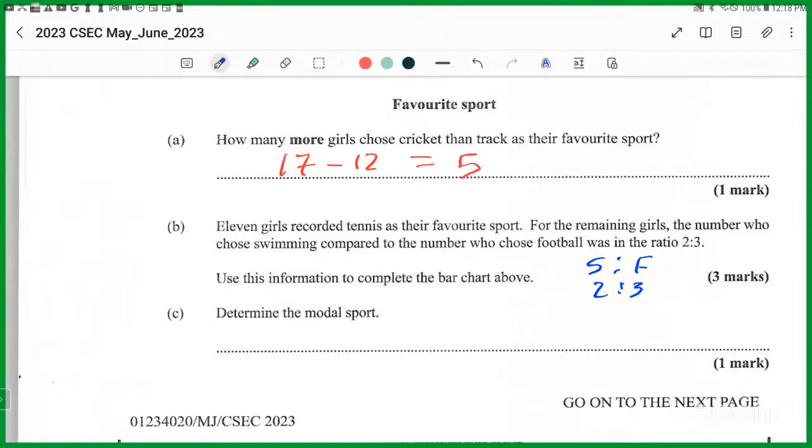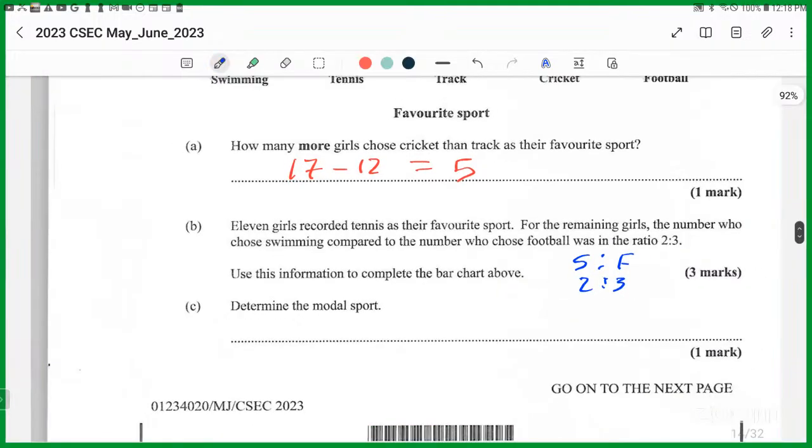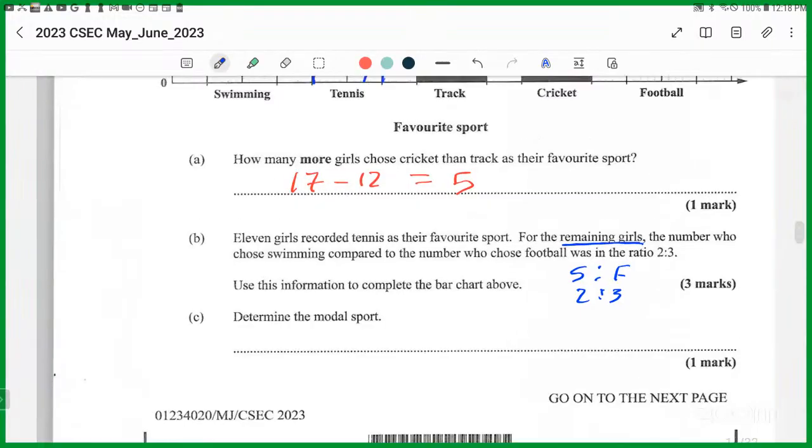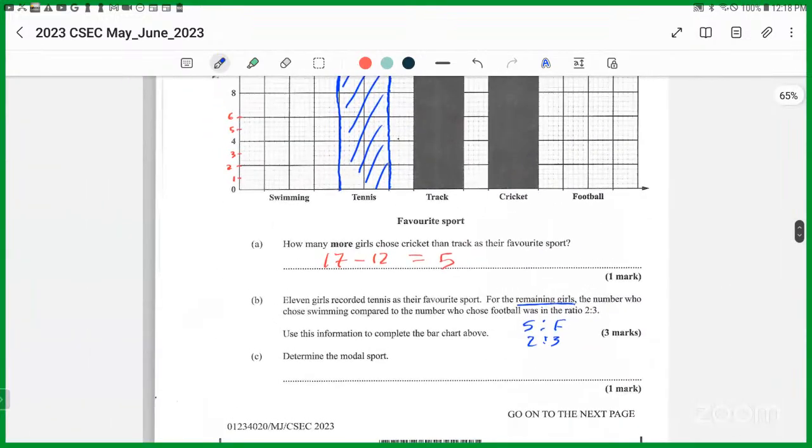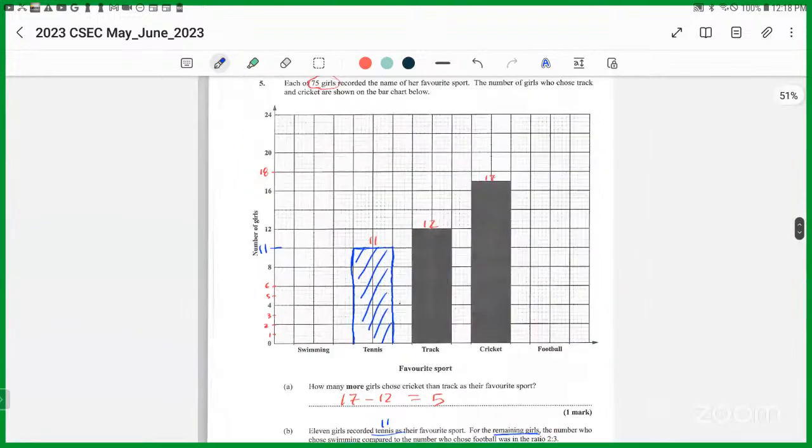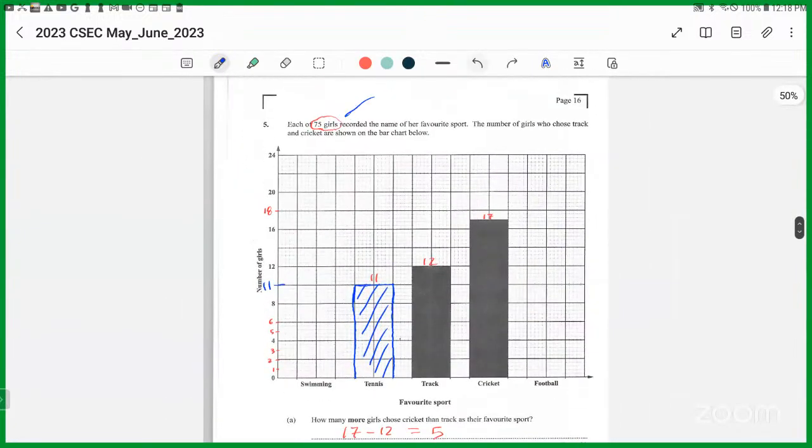So let's look at it now. What is that total remaining? For the remaining girls, remember, we have 11 for tennis now. So the remaining girls would be 75 minus these.